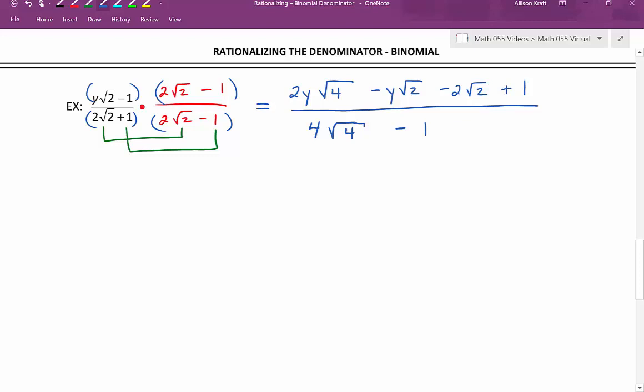We want to simplify anything that we can. In the numerator, I see that I have a perfect square, right? The square root of 4 is just 2, so really that's 2y times 2. It's going to be a 4y. My square roots of 2 do not cancel or simplify.